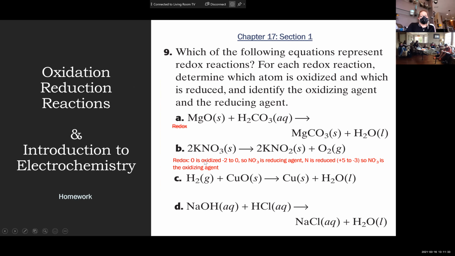Your oxygen is oxidized, -2 to just O. And then NO3 negative is the reducing agent. And on this side, your nitrogen is reduced from +5 to -3. So NO3 negative is the oxidizing agent.